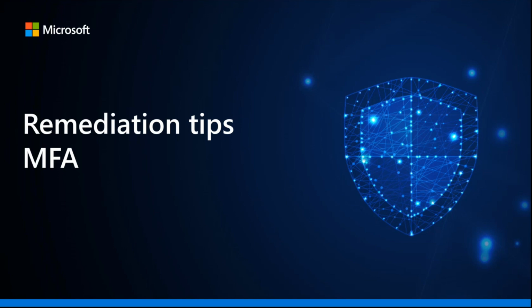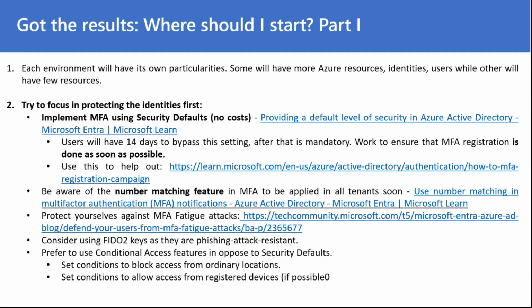Okay, now that you as a CSP have run the PowerShell script and got the results, where do you begin? How can the efforts to remediate begin? This is only a recommendation based on my experience working with CSP partners. So I would begin with the protection of the identities, putting MFA into the identities.